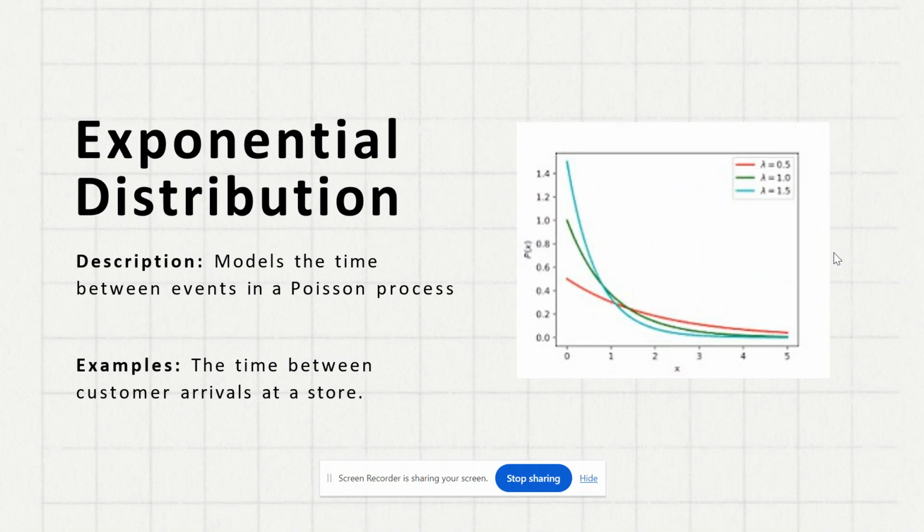So what does the exponential distribution do? It models the time between events in a Poisson process. So as I told you, it calculates the time between different events happening.